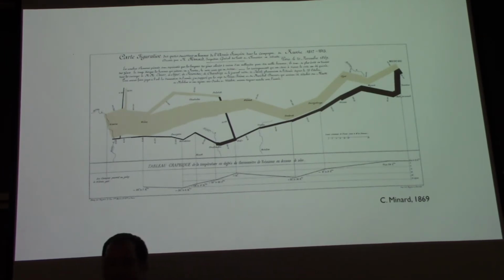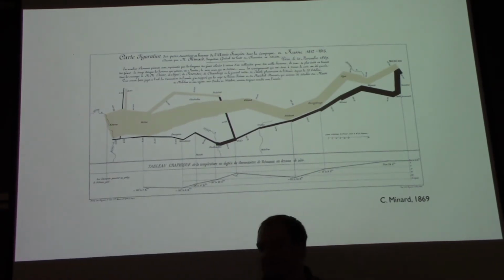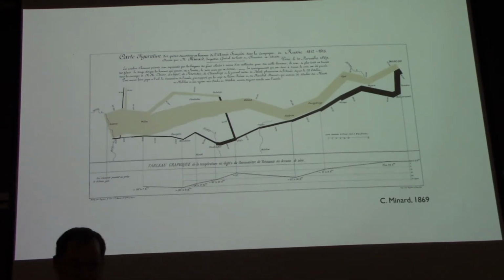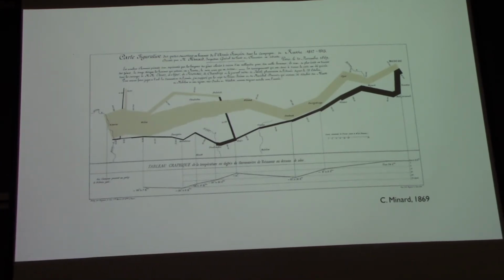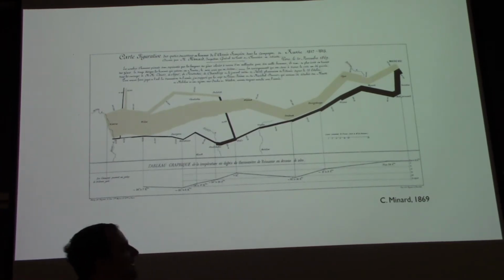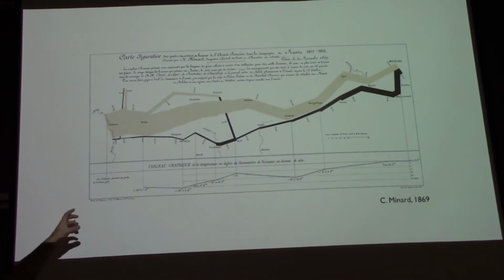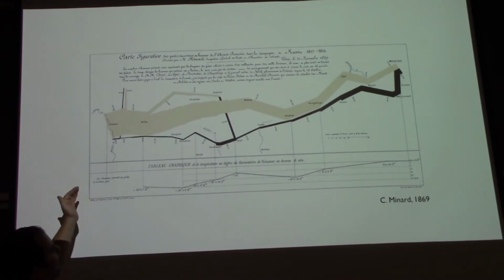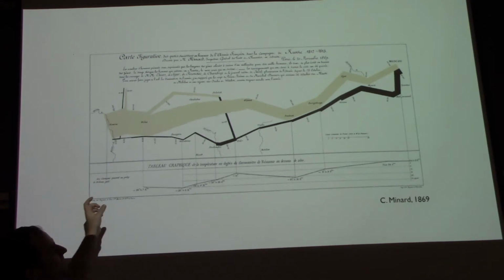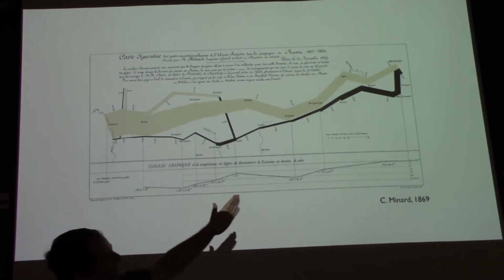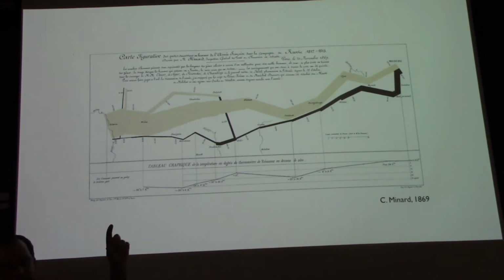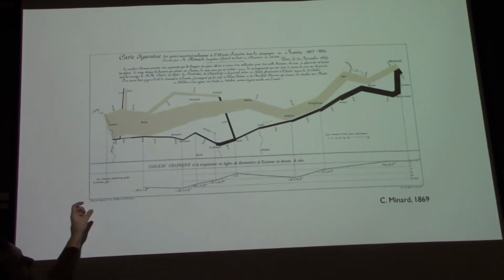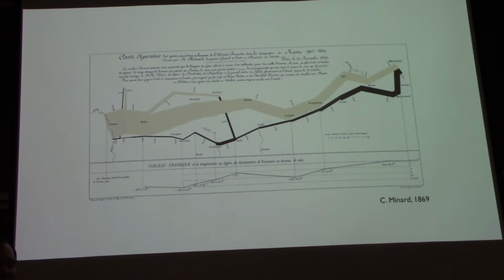You have probably seen this one. This is often hailed as the best infographic ever made. This is by Charles Minard from 1869, and it shows Napoleon's march in Russia. I have explained this in my introductory slides already, but just to recap: we have the geospatial context of how Napoleon's army marched from Europe to Russia to Moscow, and the width of these flows encodes how big the army was.